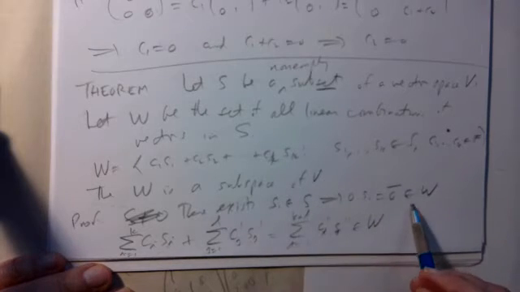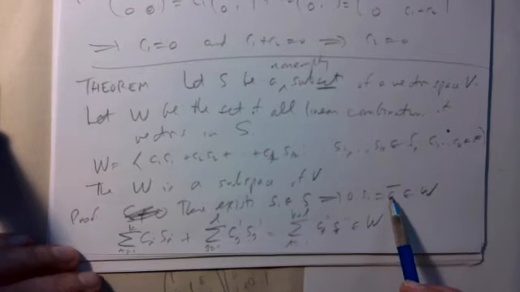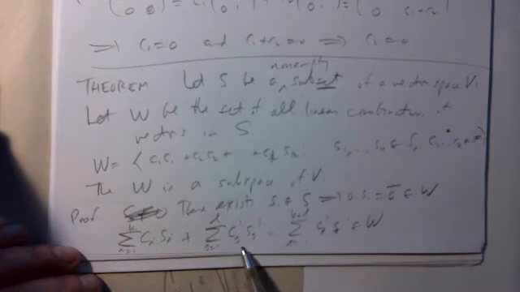So this says the set W is closed under vector addition. And if you multiply this by a scalar, this distributes across, and you just get another linear combination. So W contains the 0 vector, is closed under vector addition, and is closed under scalar multiplication. Any questions about this?